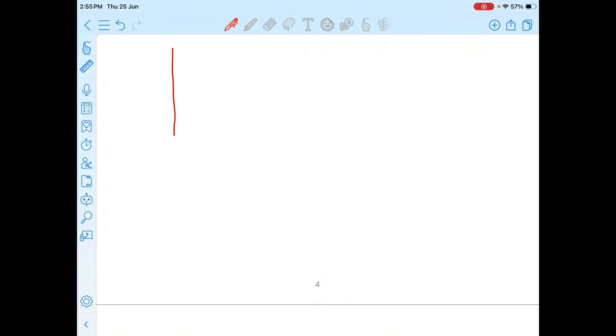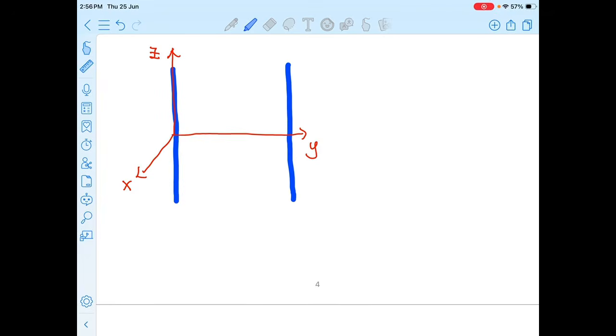So I redraw my parallel wires again. I have one wire over here and another wire over here, infinite wires, and I have one circular loop in between them.